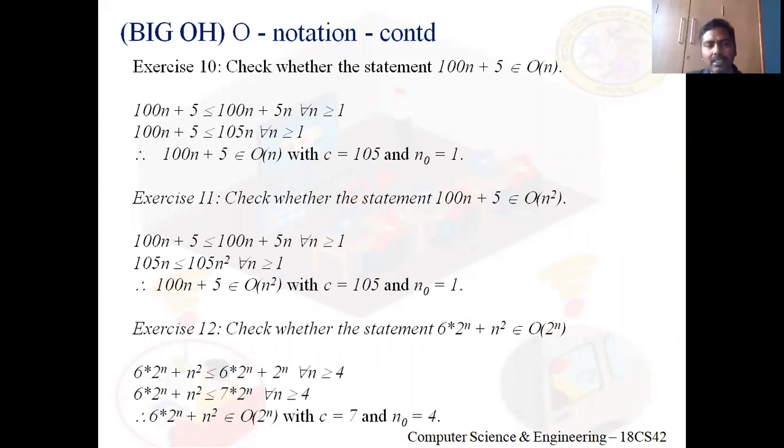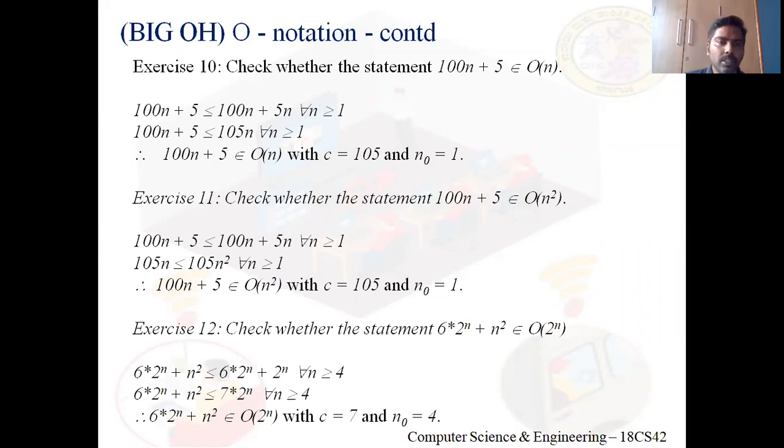Now, by analyzing, 100n plus 5 is less than or equal to 100n, because the LHS should be less than or equal, I want. For finding C and n naught, I'll assume 100n plus 5 is less than or equal to 100n plus 5n for all n greater than or equal to 1. Is that true? Yes. So 100n plus 5 is less than or equal to 105n for all n greater than or equal to 1.